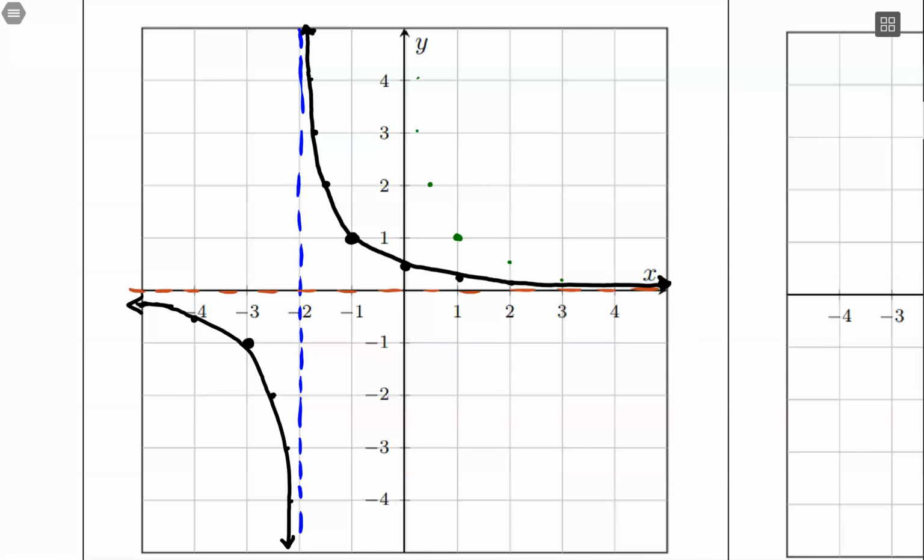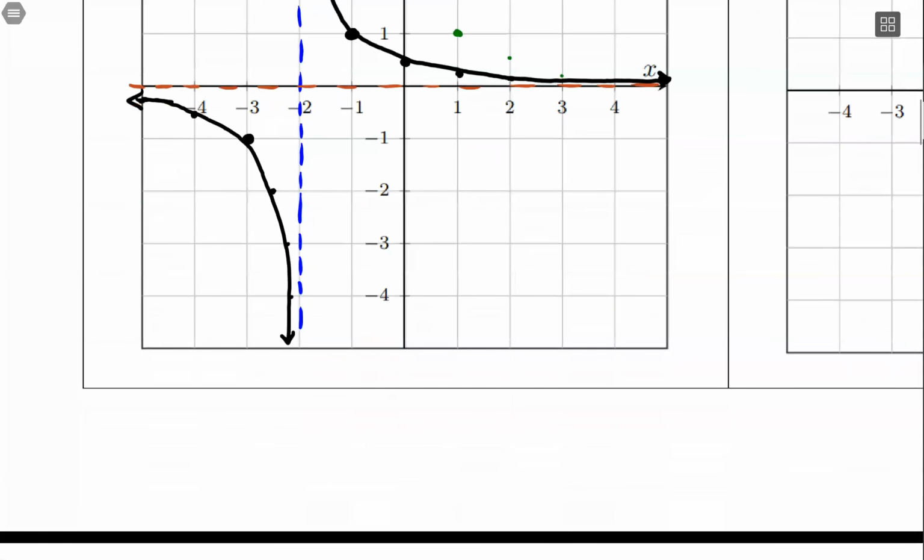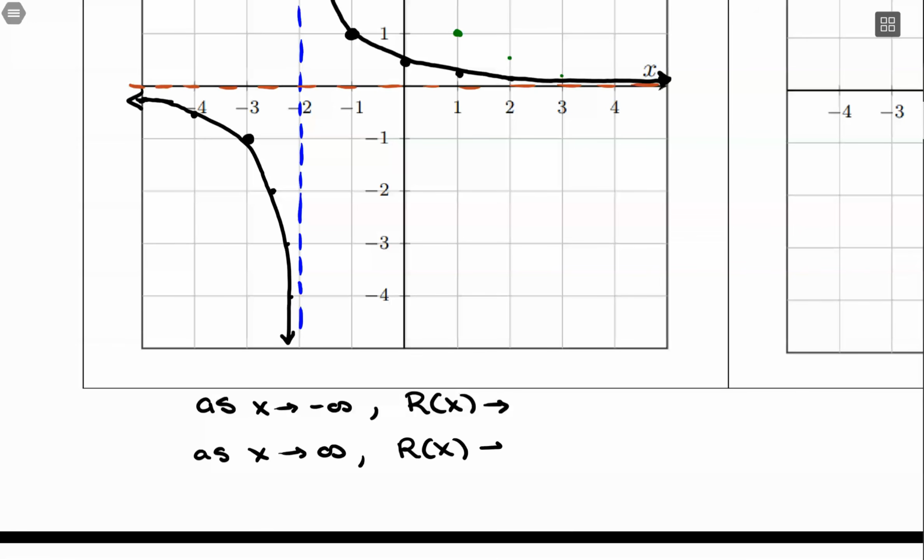So something like this. Now, in terms of describing the long run behavior, looking at those asymptotes, remember with long run behavior, it's as x goes to negative infinity, what the function's doing, and as x goes to positive infinity, what's the function doing? The question didn't actually ask for this, but we're just going to discuss it here.